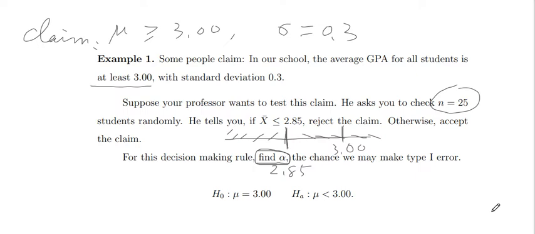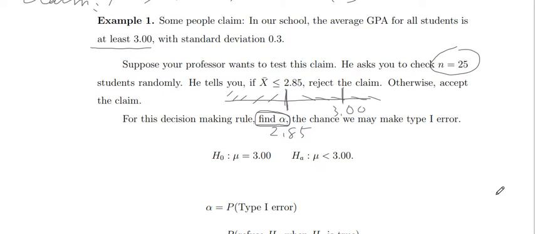If alpha is big, like 20% or 30%, then using this decision-making rule, we have a 20% or 30% chance to make a mistake. So this 20% or 30% is too high, right? This means this decision-making rule is not so good. We should not apply this rule.